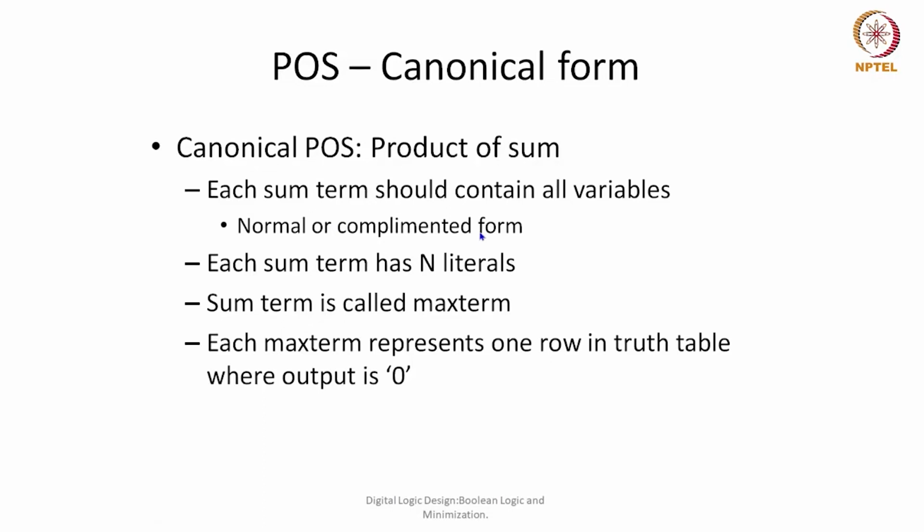And like sum of product, here also each sum term should have n literals. These sum terms are called max terms, and each of these max terms represents one row of the truth table wherever output is 0. So let us see again with an example.